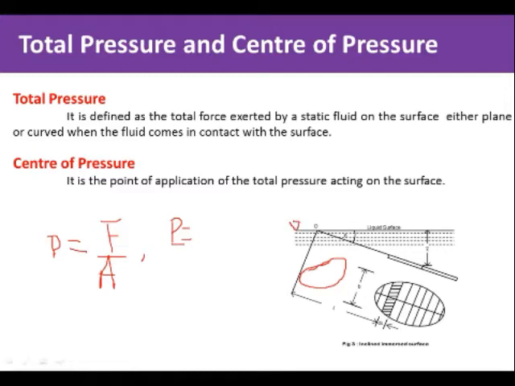Suppose this is a liquid surface and you had immersed a body of any arbitrary shape. It may be a circular body, a rectangular body, or a rectangular surface, anything.